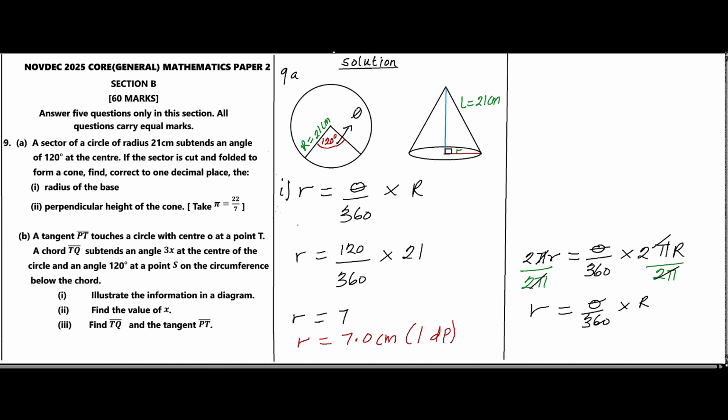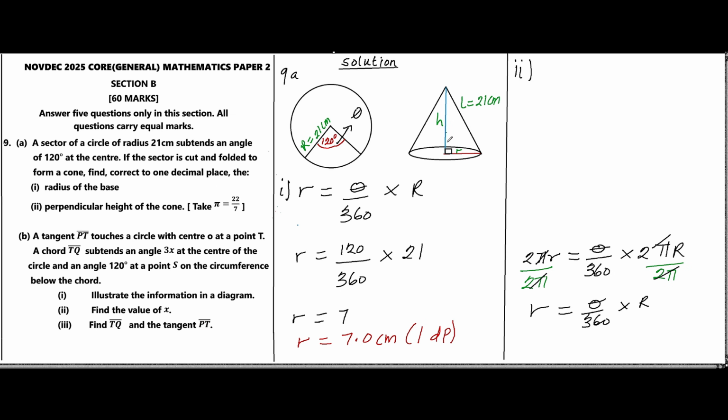Next, II. We are also to calculate the perpendicular height of the cone. I'm representing the perpendicular height of the cone as h. So this is the perpendicular height from the apex to the center of the circular base.